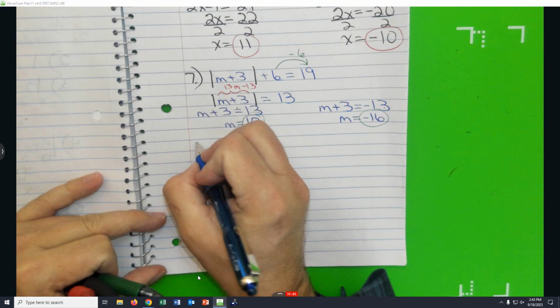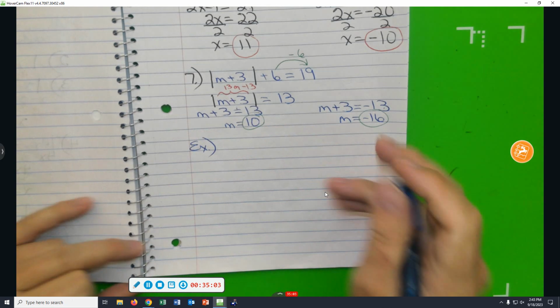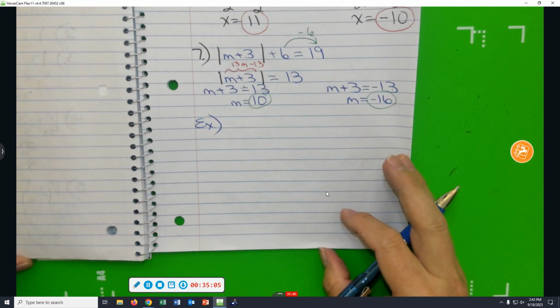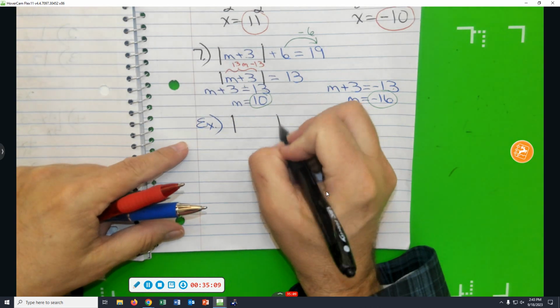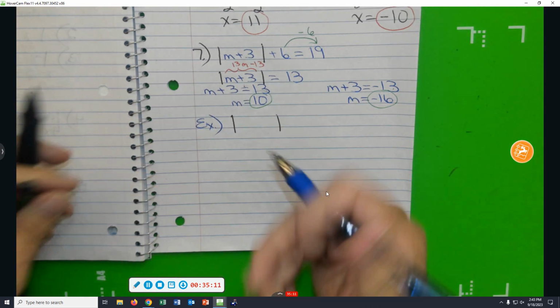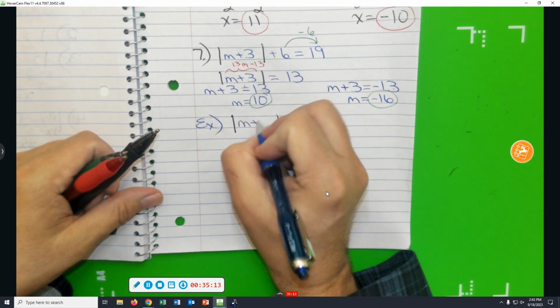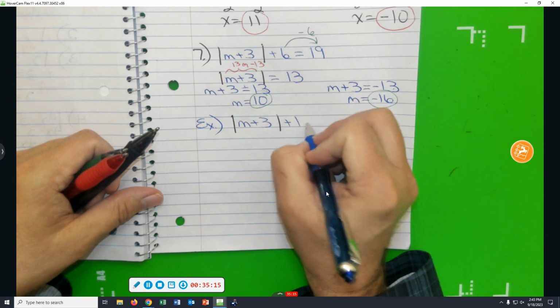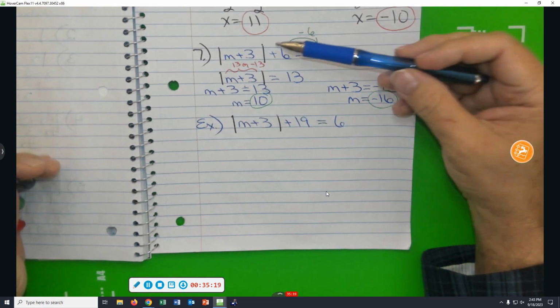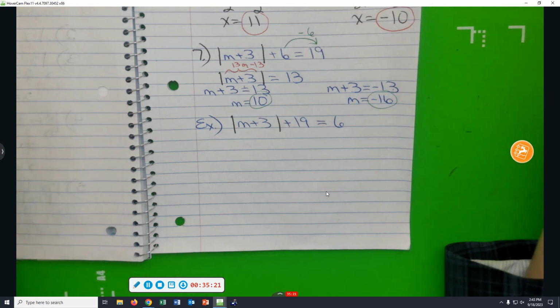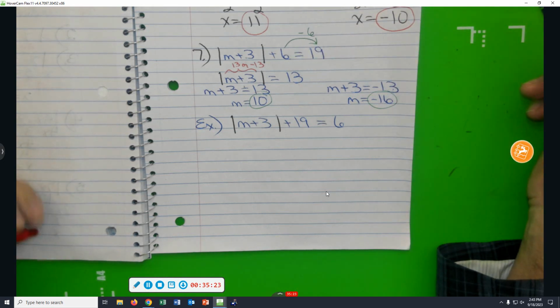Let's make just a small change to that problem and see how that affects it. Suppose the problem had said the absolute value of m plus 3 plus 19 is equal to 6. All we did was just reverse those numbers there. How is that going to change stuff? It's going to be a huge change.